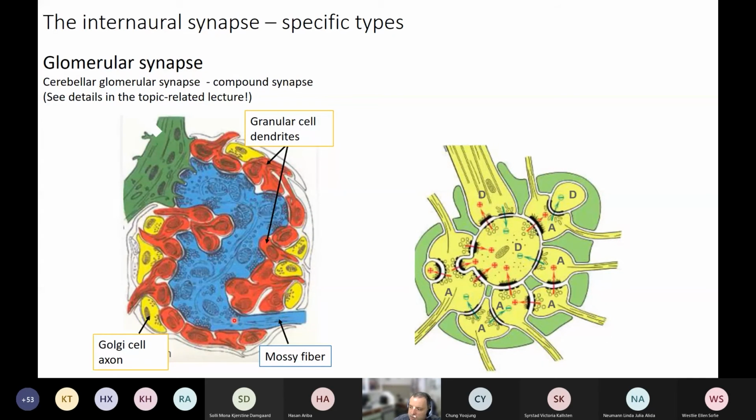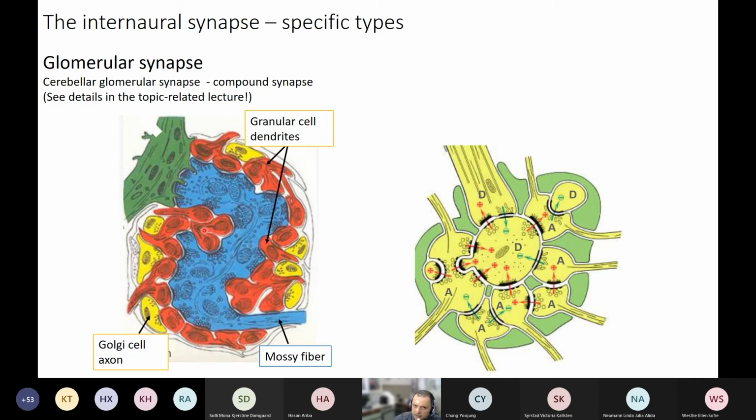And then so-called mossy fibers will synapse with the granular cell dendrites. But this signal transmission is then influenced by additional nerve fiber endings which belong to the Golgi cell axon terminal. And that's inhibitory, and it will eventually inhibit the signal transmission between the blue mossy fiber and the red granular cell. About details on this and how this contributes to the cerebellar function, you will study more later.